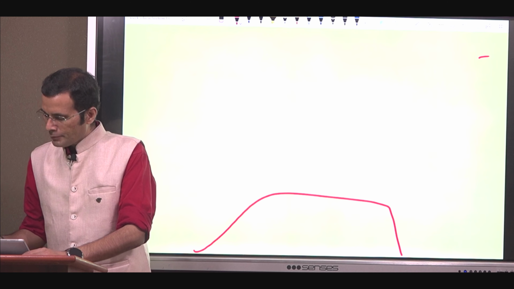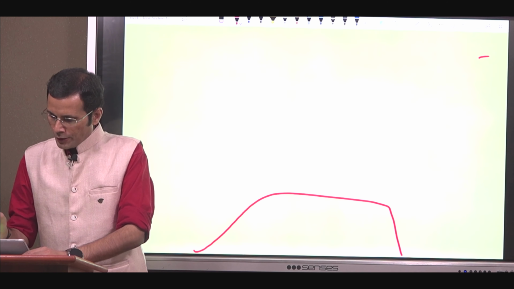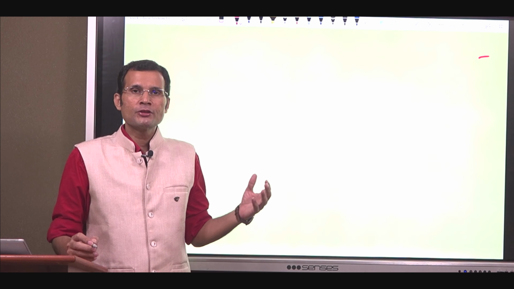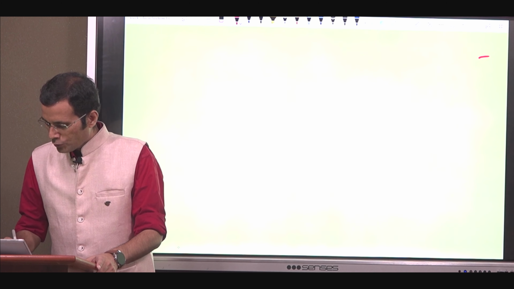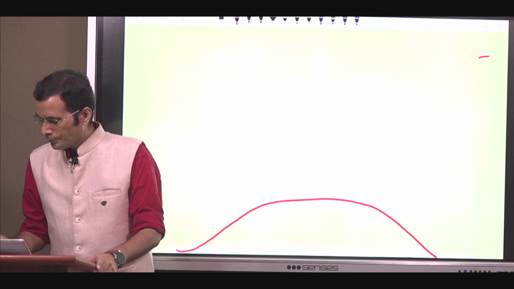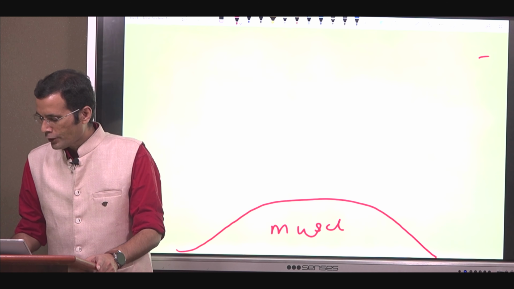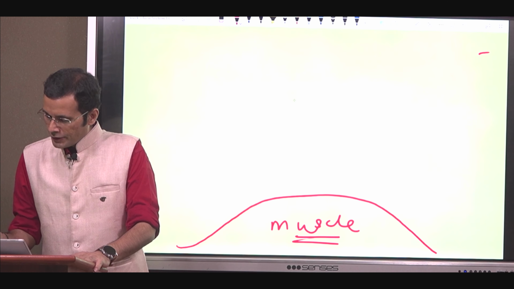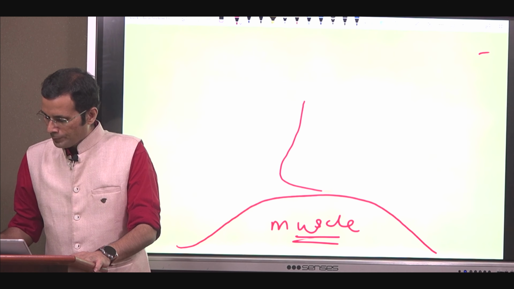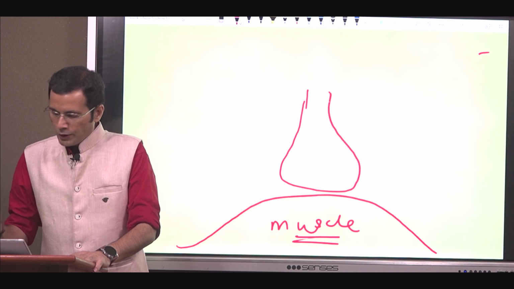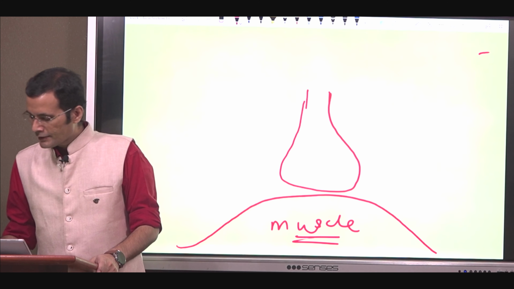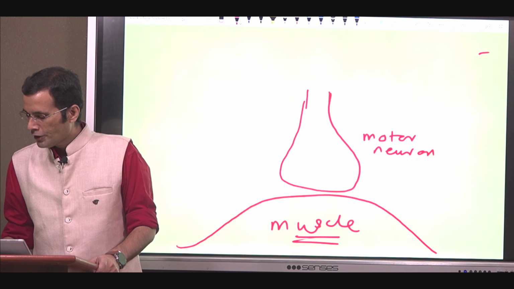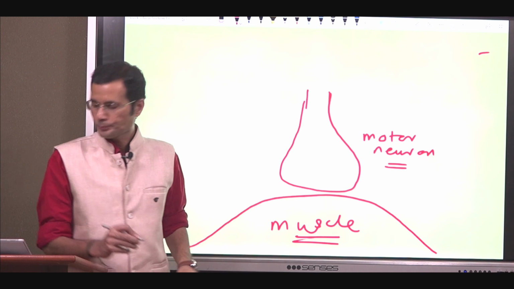Let's say here is a muscle and a person suffers from injury. So here is a muscle. Of course, we are talking about the skeletal muscle. And here is a neuromuscular junction. This is a motor neuron coming from the spinal cord and ending on this muscle.